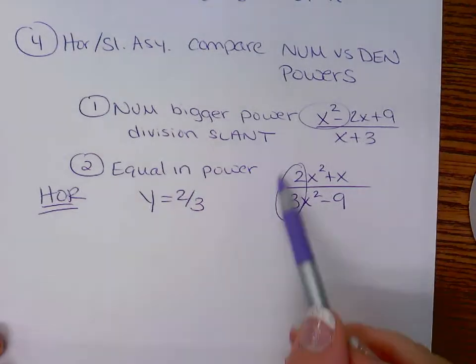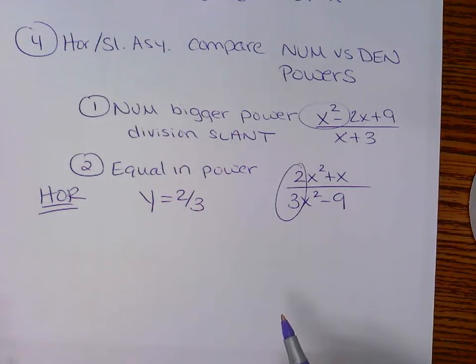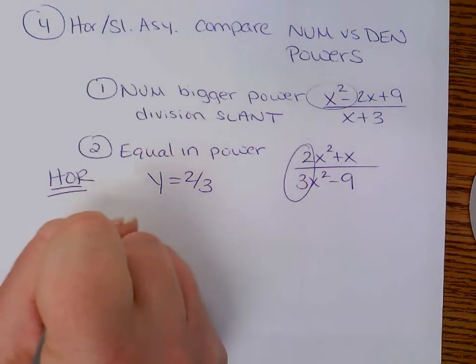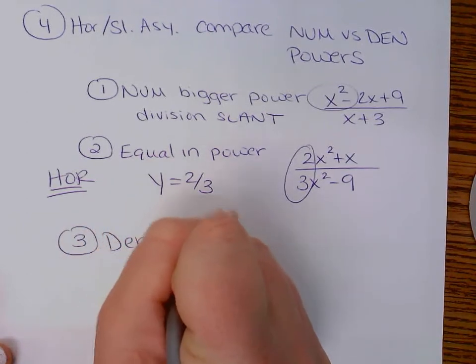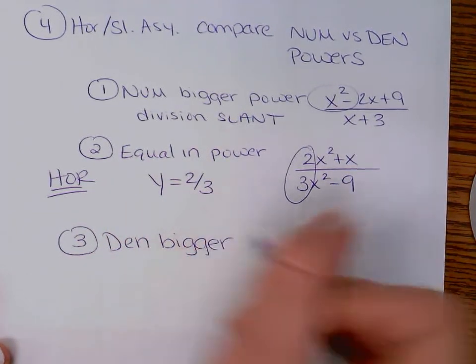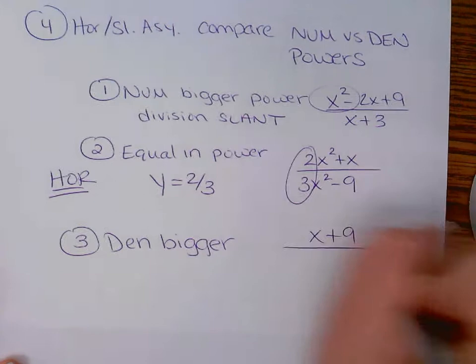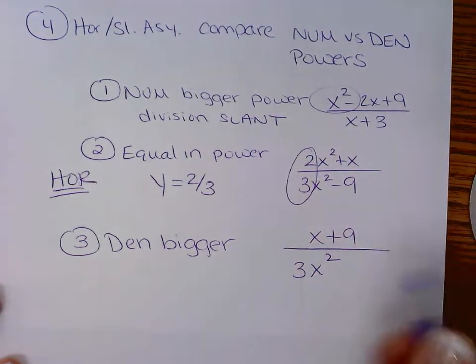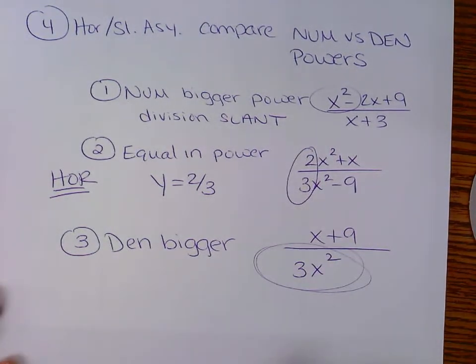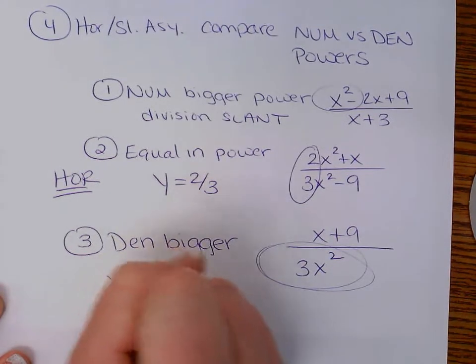You strip those coefficients. And the last thing that could happen is that the denominator is the bigger one, like x plus 9 over 3x squared. If the denominator wins, it blows up, because this would be like a small number divided by a really big number, like a million. So y would just equal 0.